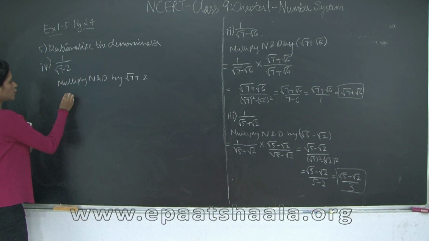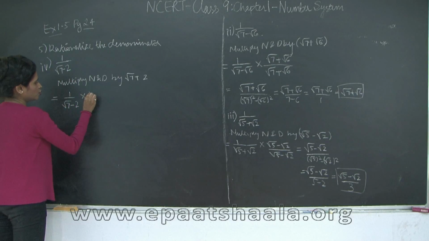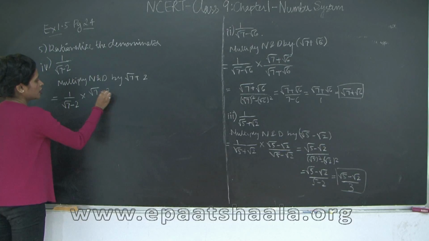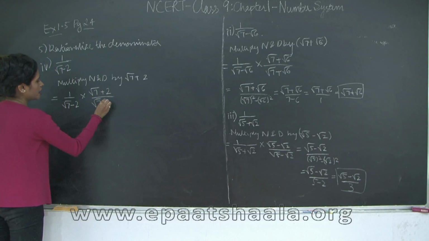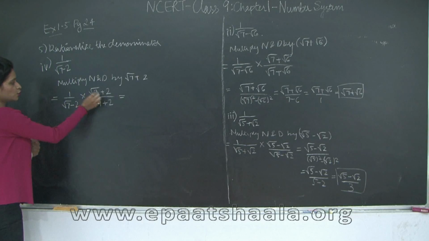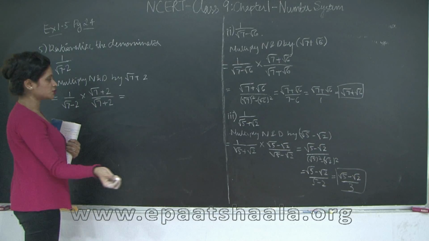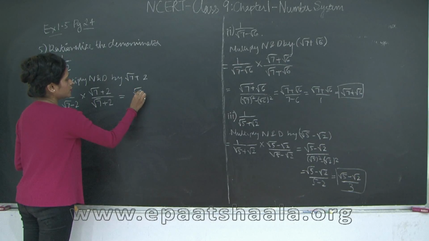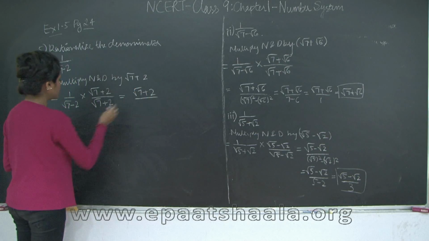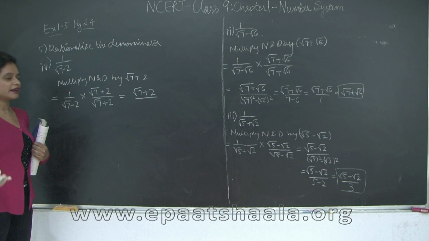Therefore, what do I get? 1 upon root of 7 minus 2 into root of 7 plus 2 upon root of 7 plus 2. This is equal to, now let us take a look at the numerators. You have 1 into root of 7 plus 2, which will give you root of 7 plus 2 itself. And again here the denominator is similar to a minus b into a plus b, which is a square minus b square.